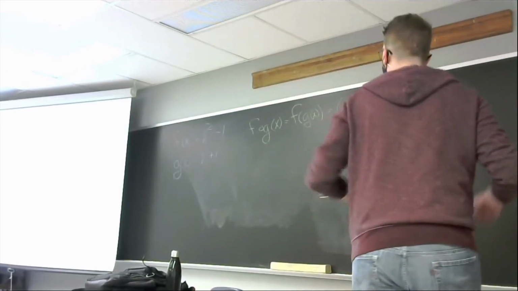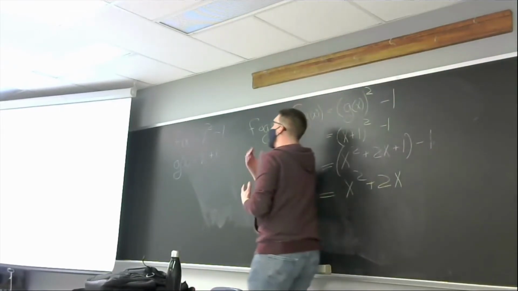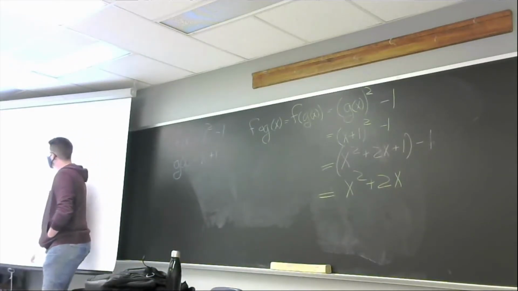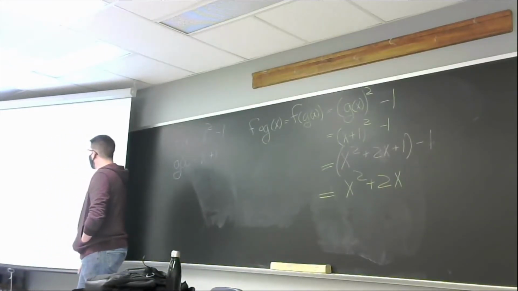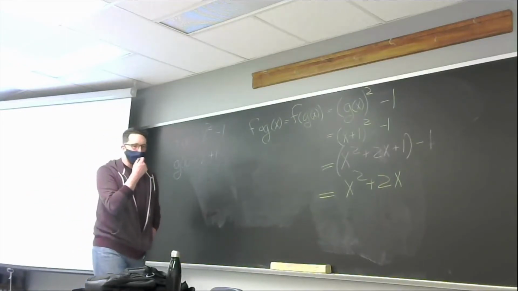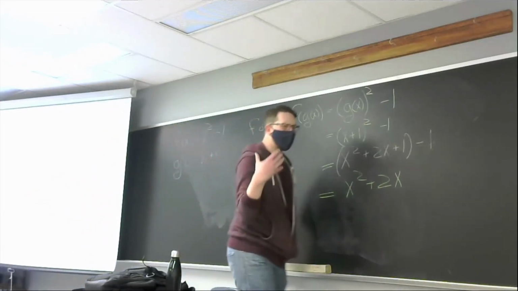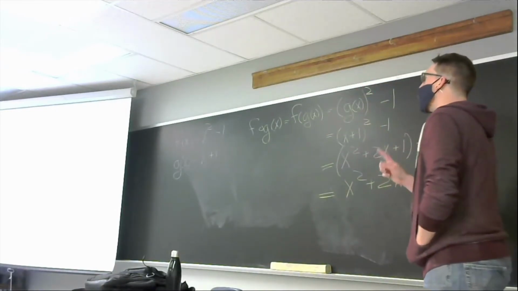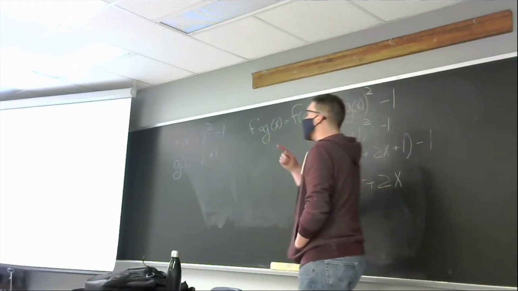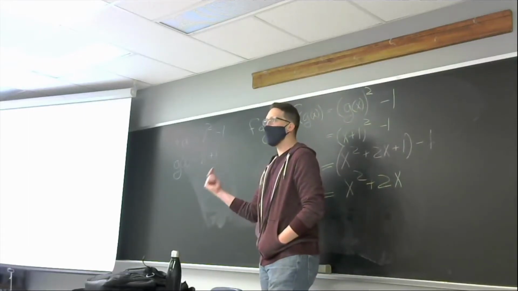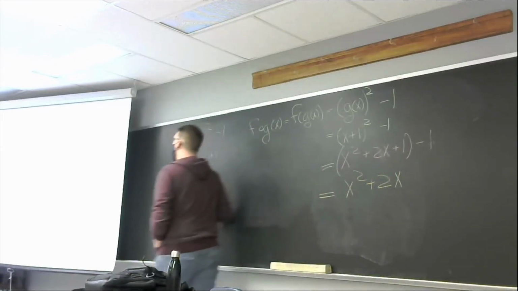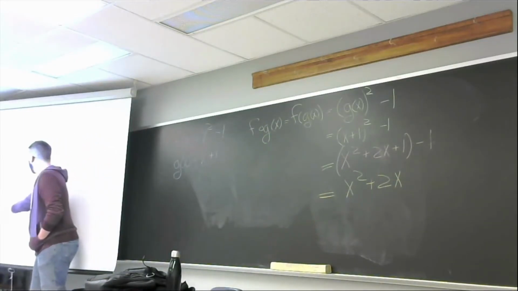Now, having said that, something cool happens with the graph of f inverse. The graph of f inverse is almost identical to the graph of f, except for one thing. F inverse is a reflection across the line x equals y. So think of it like a mirror being held here.